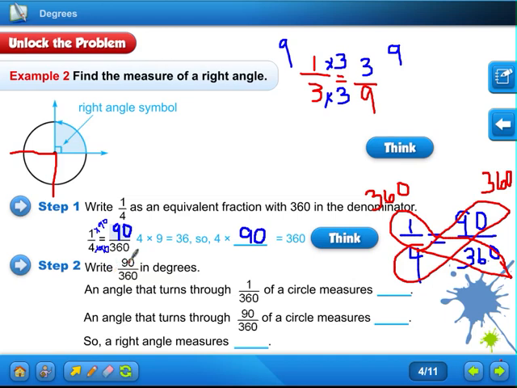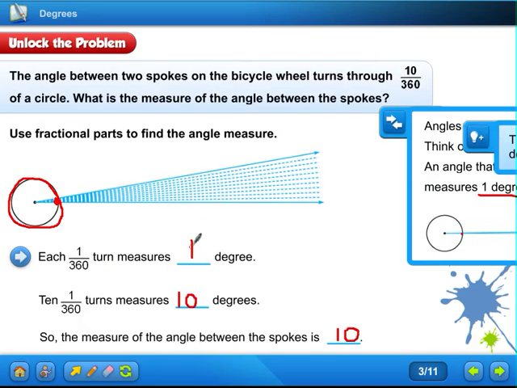All right. Step 2, write 90 over 360 in degrees. An angle that turns through 1 over 360 of a circle measures, remember we just did it back here, 1.